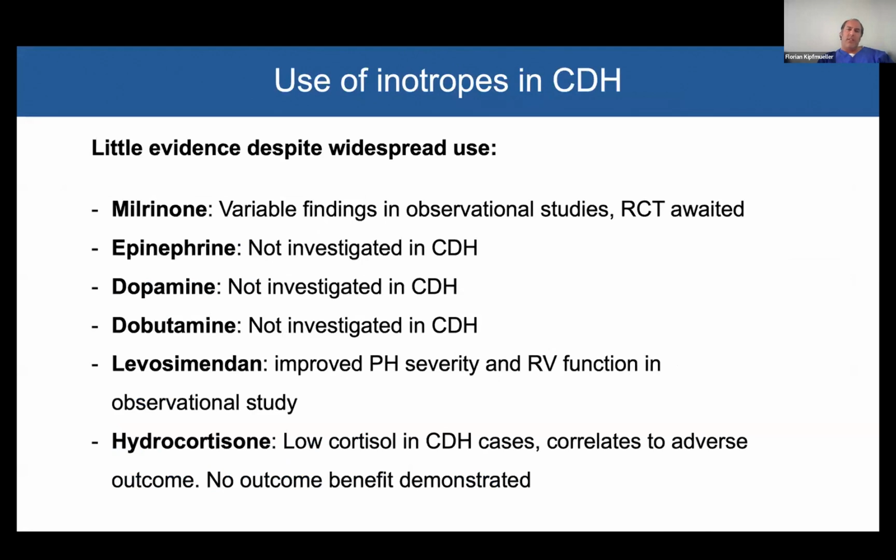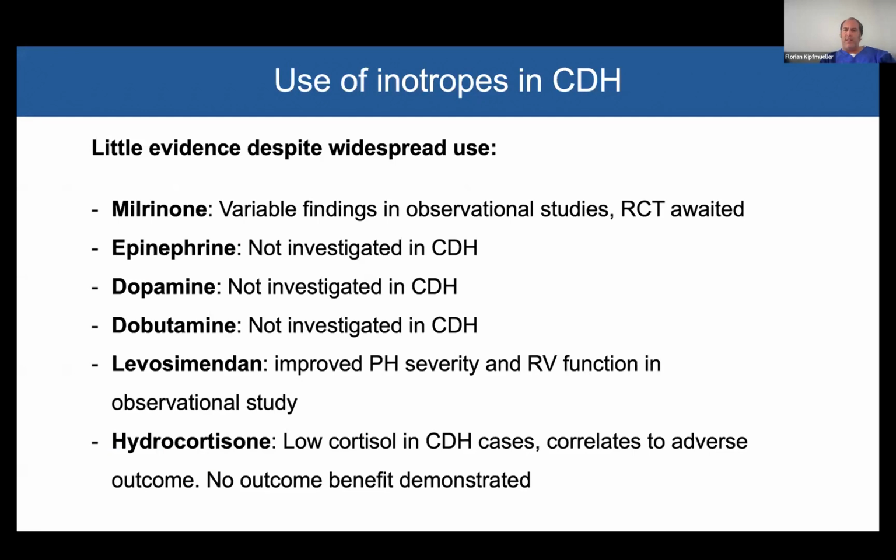Then coming to cardiac dysfunction, use of inotropes. We know cardiac dysfunction is a problem. It is associated with increased mortality, so we need something to improve the cardiac function. Here are a few agents that are increasingly used.